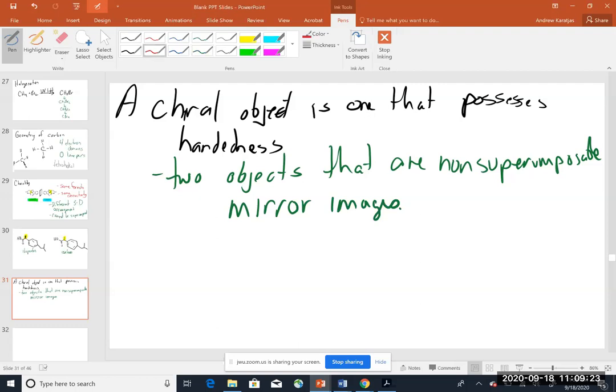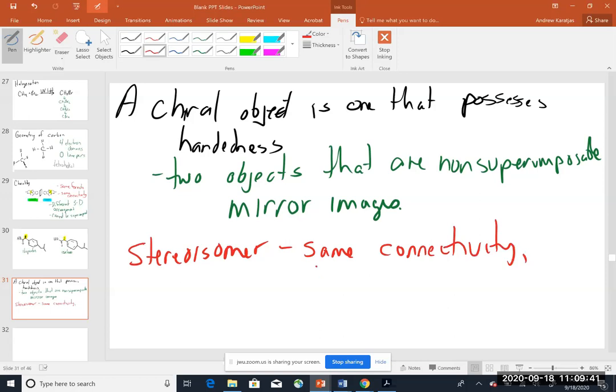And so we've used the term isomer before, but now we're going to define a specific type of isomer, which is a stereoisomer. These are molecules that have the same connectivity, but a different 3D arrangement. So how do we identify a chiral carbon or a chiral molecule?